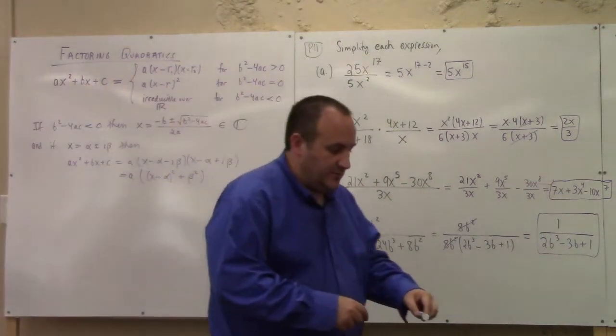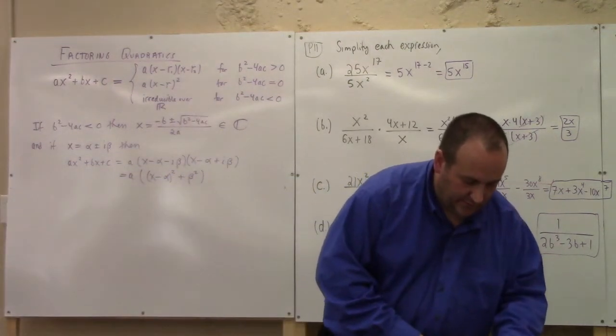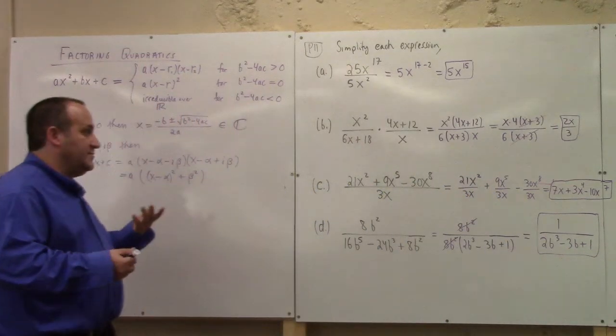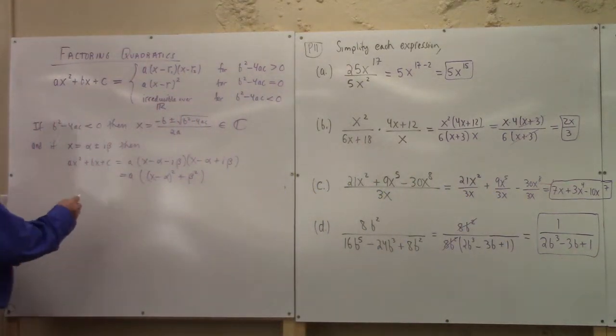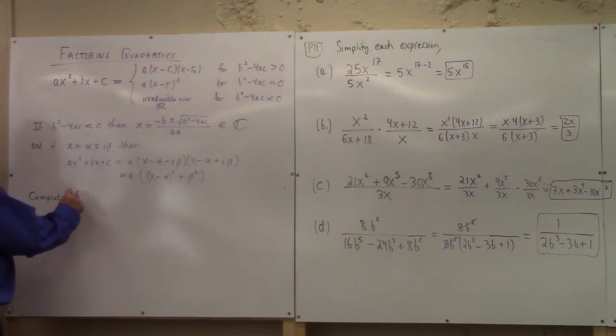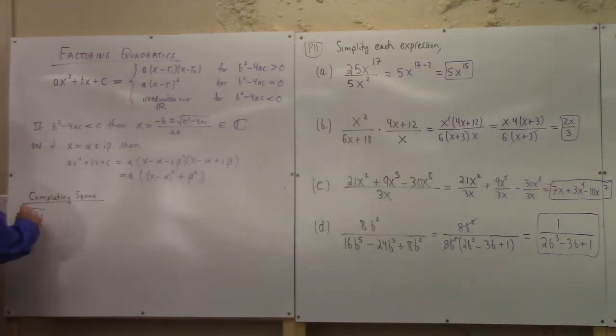The quick way to see these things for specific examples is to complete the square. I'll give you an example.